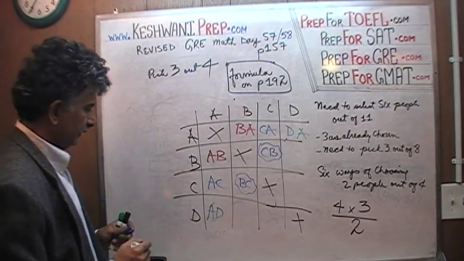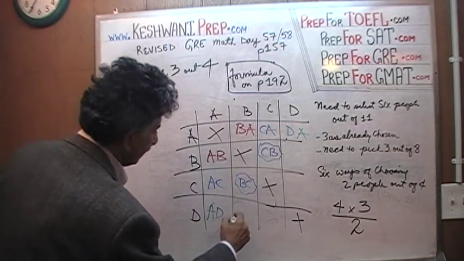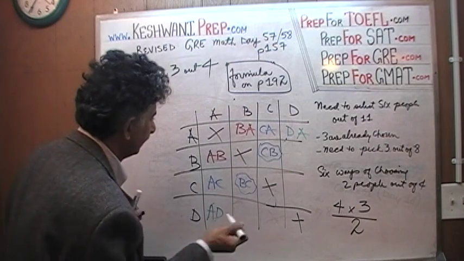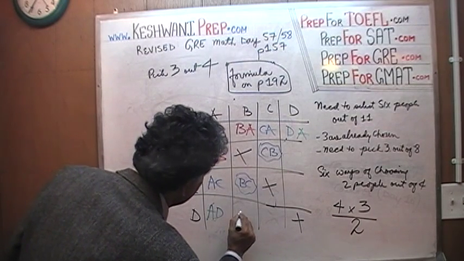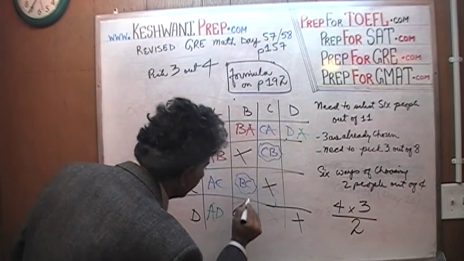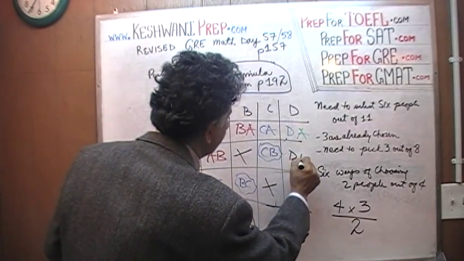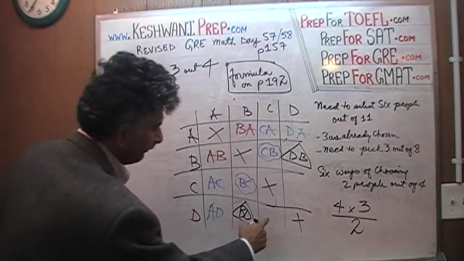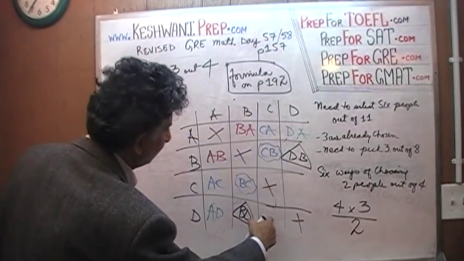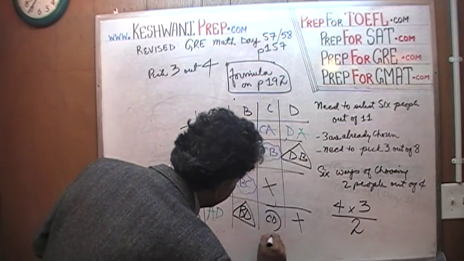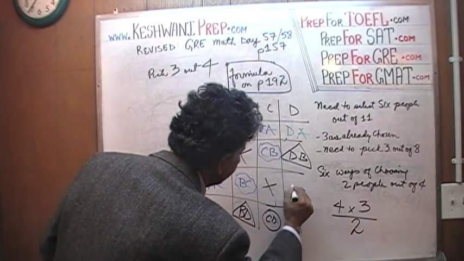That's double counted. And then here we have BD, put in a triangle, and DB, double counted. And finally we have these 2. What are those? CD, let's put them in a circle, and DC.